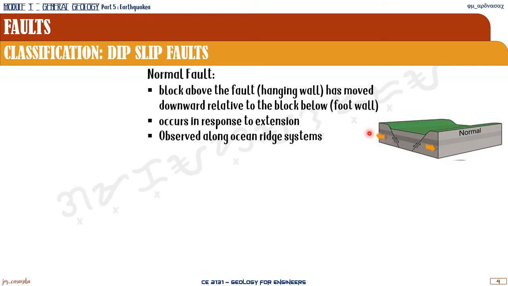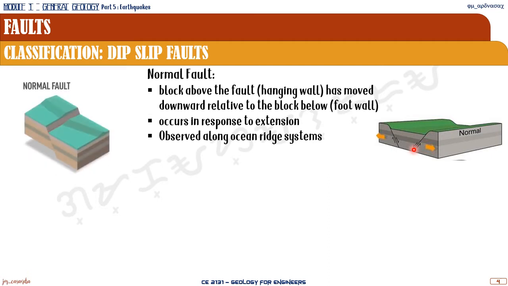So since they are moving away from the middle block, which is our hanging wall, it now goes down. So it moves down as they stretch away from each other. So that's for normal fault.